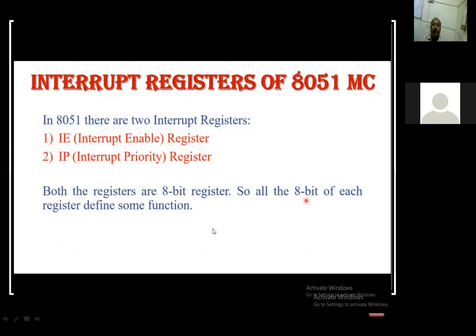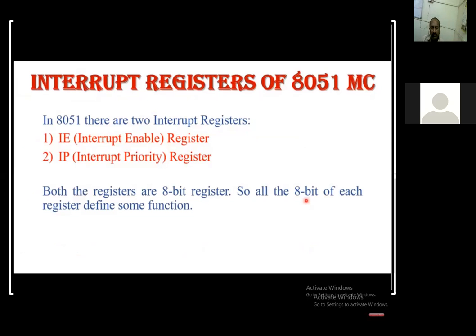Next, which registers are related to the 8051 interrupts? We have already gone through this in the SFRs. In the 8051 there are two interrupt registers. One is IE, the interrupt enable register, and the other is IP, the interrupt priority register.